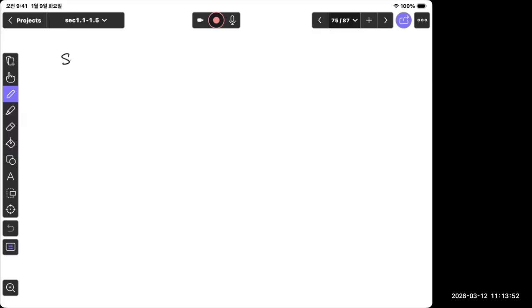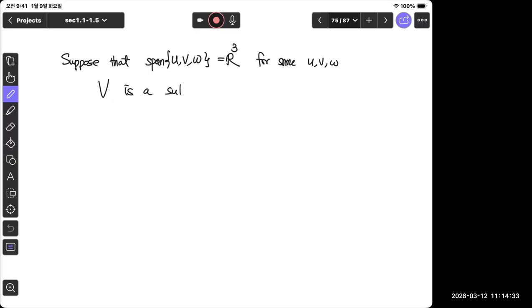Suppose that we have three vectors u, v, w, and the span of these three vectors equals R3 space, and V is a subspace of R3.